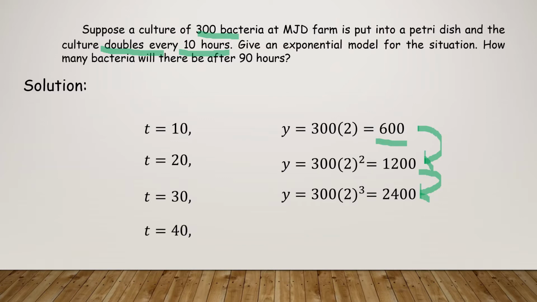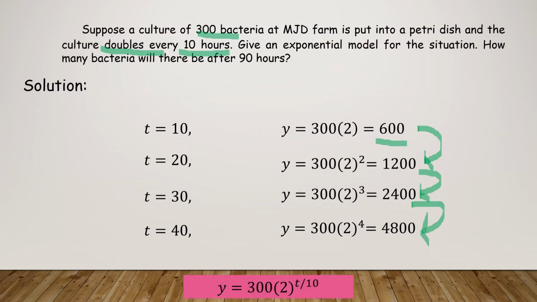When time t is equal to 40 hours, we have y is equal to 300 times 2 raised to 4, is equal to 4,800. Or double lang uli natin yung 2,400 times 2, that is 4,800. So using this expression, makikita natin kung paano natin nakuha yung 4, 3, at 2.